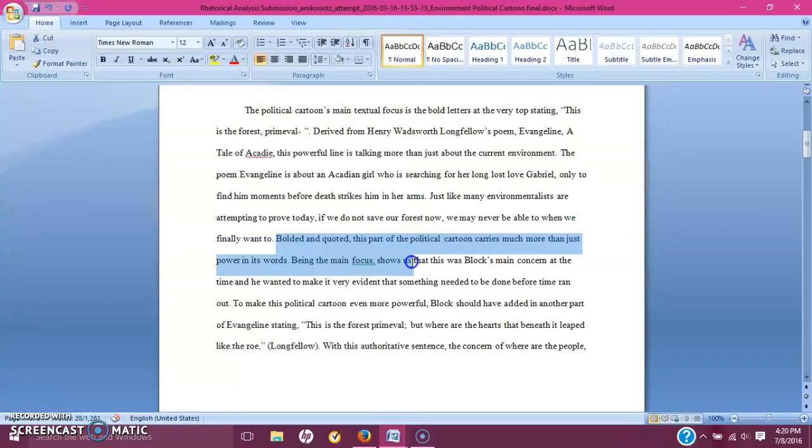Then she goes into the text a little bit more. It shows, being the main focus, shows us, so she's using the analysis language. It shows, it demonstrates, it acknowledges, it emphasizes that this was Block's main concern at the time, and he wanted to make it very evident that something needed to be done before time ran out, etc., etc.